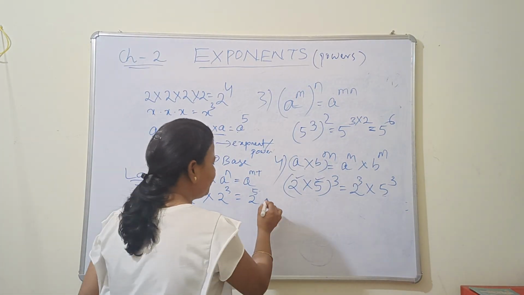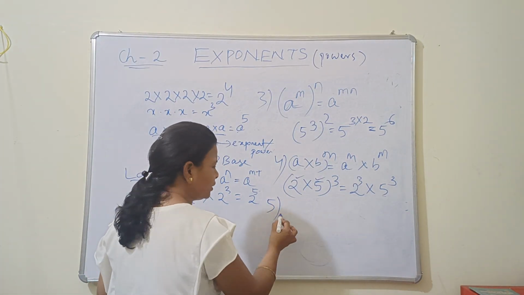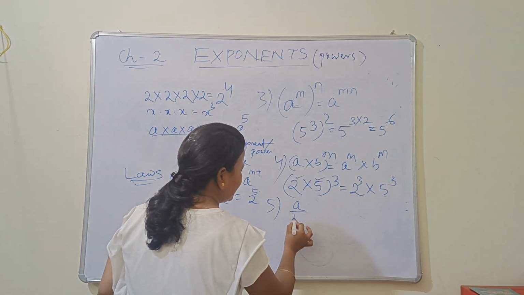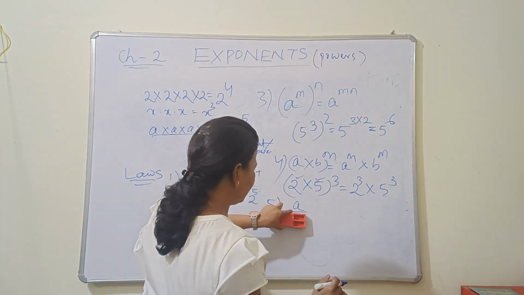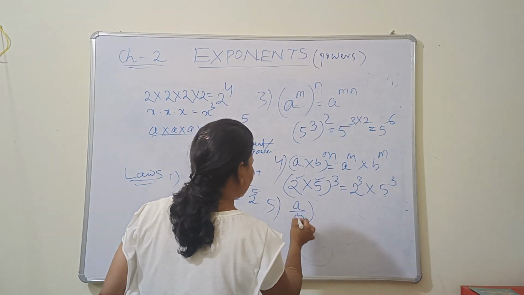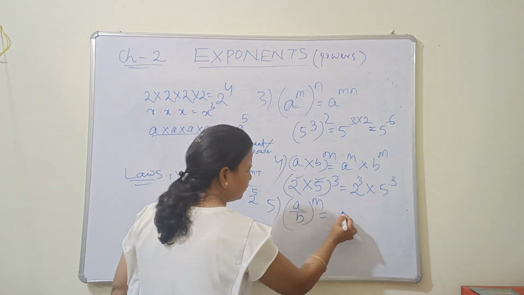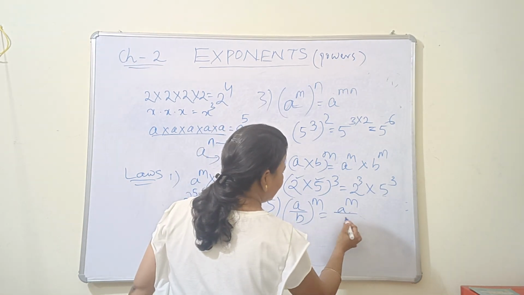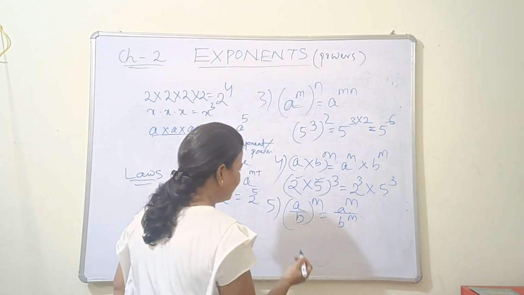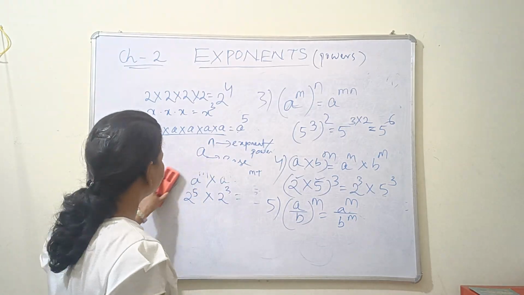Now, the fifth law is, suppose a by b whole to the power m is given. You can take it like this, a to the power m divided by b to the power m. Take one example for this.